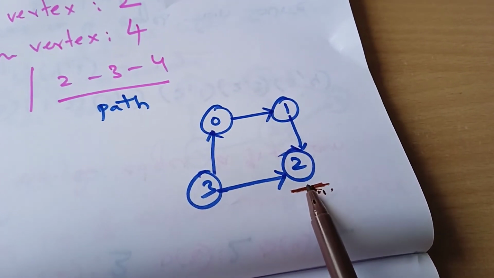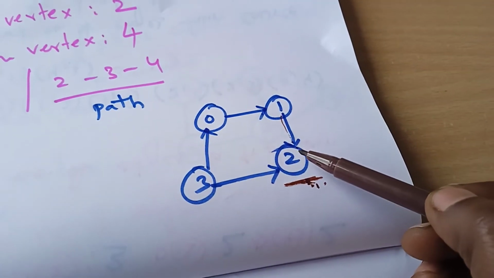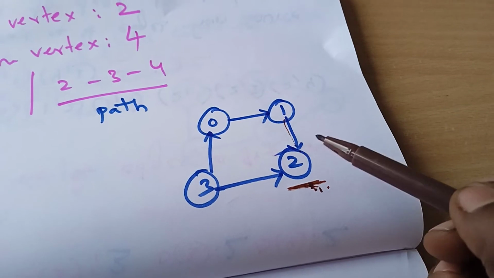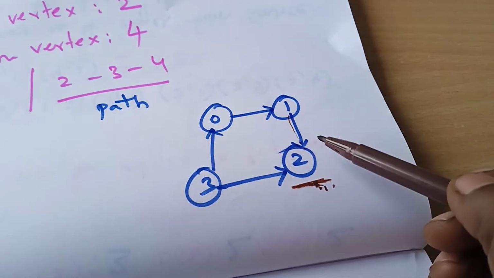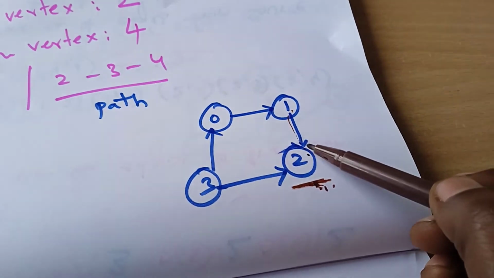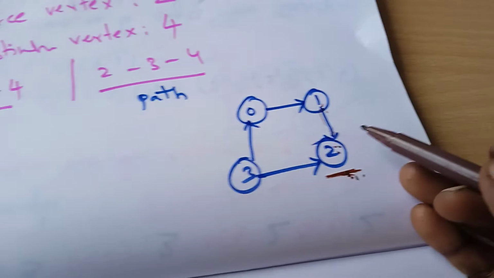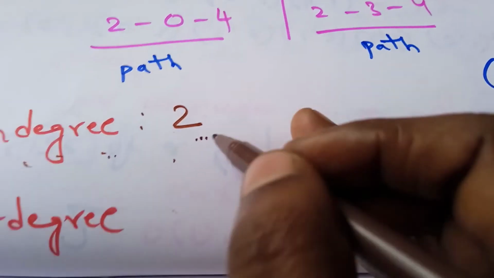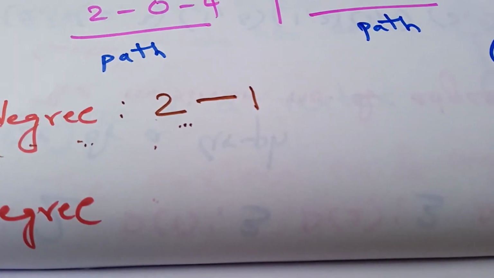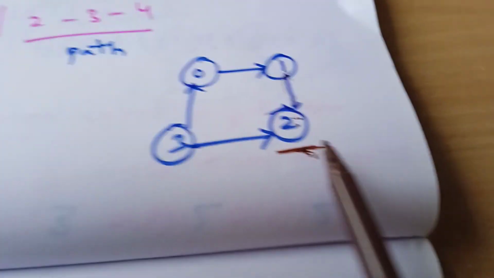So how many edges or links are coming towards this vertex? You can see only one edge is coming, from 1 to 2. So the in degree of vertex 2 is 1.